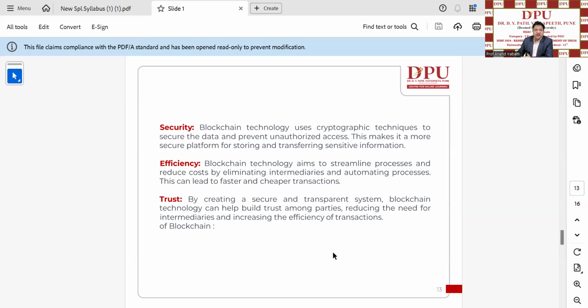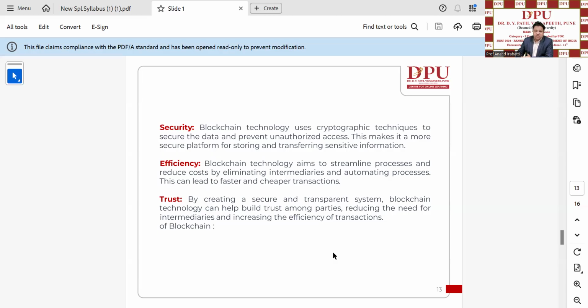And the last but not the least is trust. By creating a secure and transparent system, blockchain technology can help build trust among the parties who are involved in the transaction, thereby reducing the need for intermediaries and increasing the efficiency of the transactions.